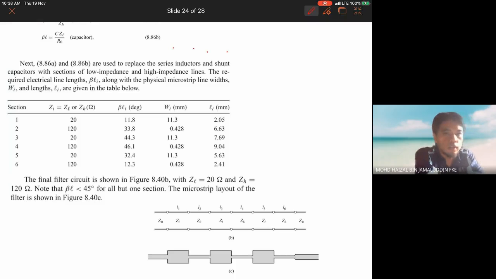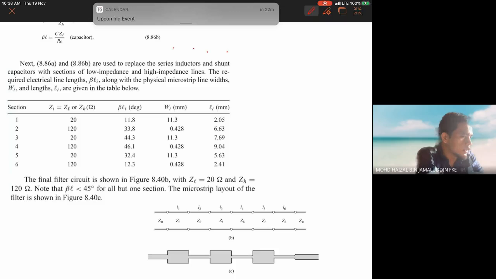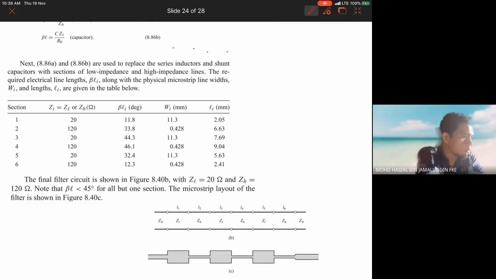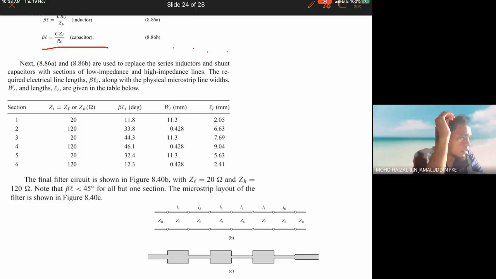To get the capacitor, we have βL equivalent to C Zl over R0. While for the case of the inductor, we have βL equivalent to L R0 divided by Zh. From here we can get the electrical length.